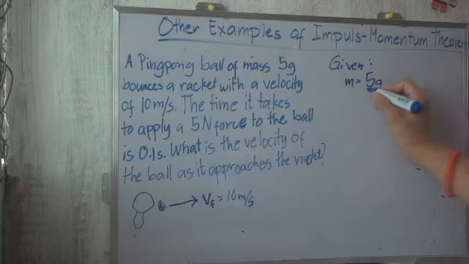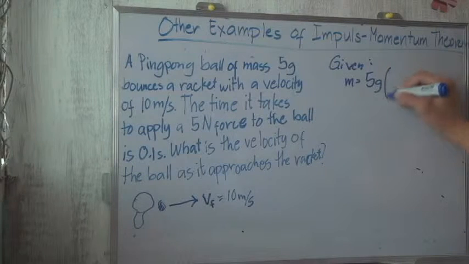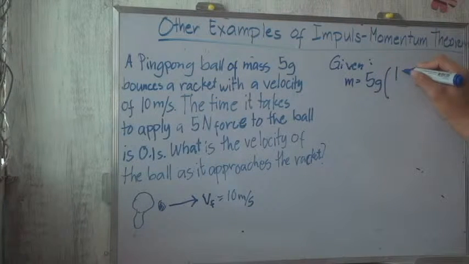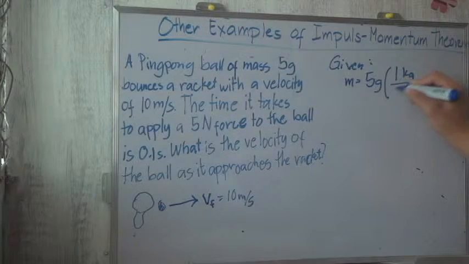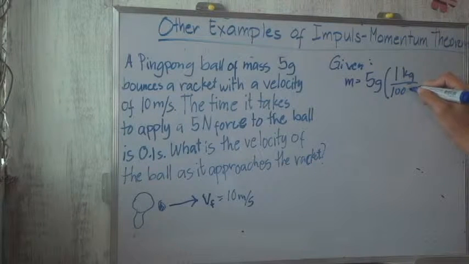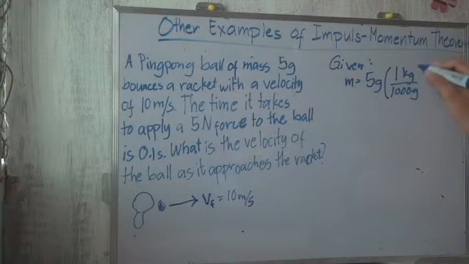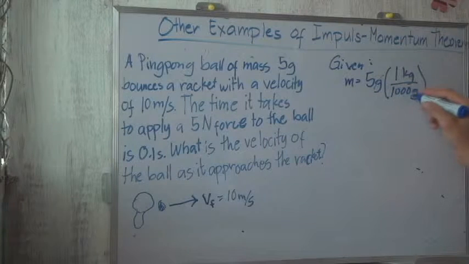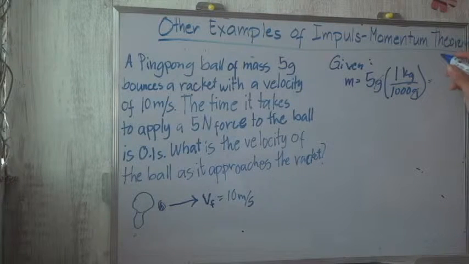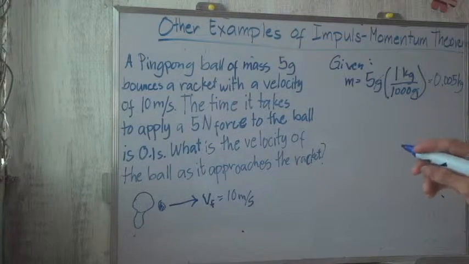So, kilogram man dapat. So, convert na to sa kilogram. I-multiply na to sa 1 kilogram over 1,000 gram. So, makancel ang gram. Natay 0.005 kilogram nga mass.